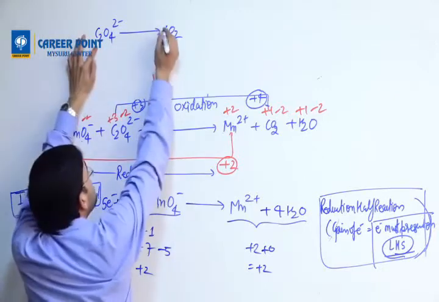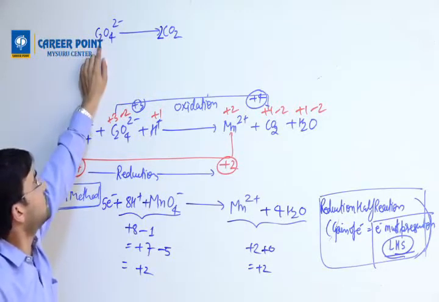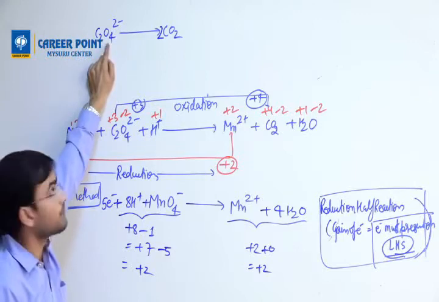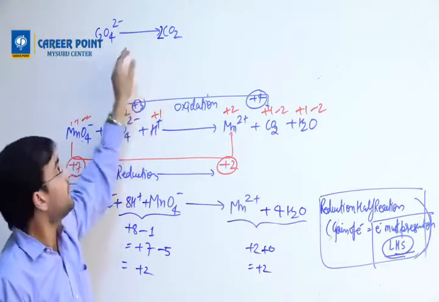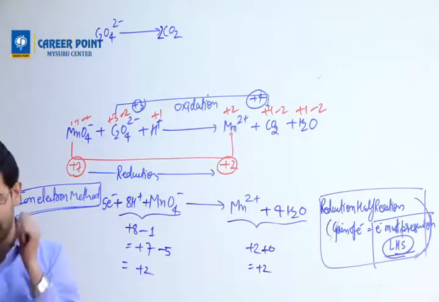So how do I balance? I balance by 2. Now, if I balance by 2 carbon balance, what about oxygen? 4. Now you tell me again, is this reaction balanced by atoms?